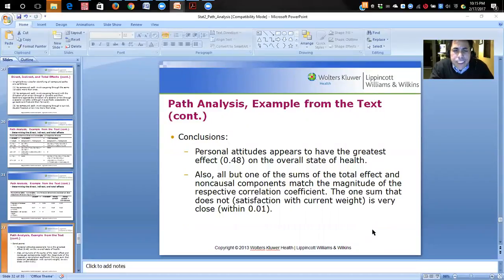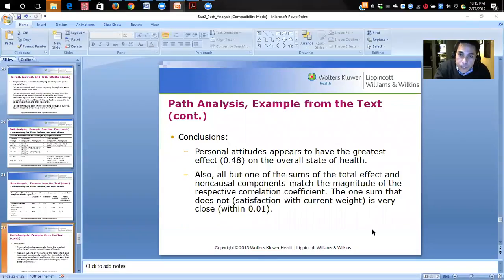So here we go. All but one of the sums of the total effect and non-causal components match the magnitude of the respective correlation coefficient, and the one sum that does not, which is the satisfaction with current weight, is very close, within 0.01.